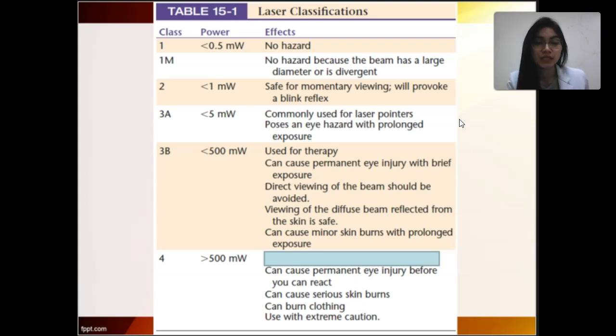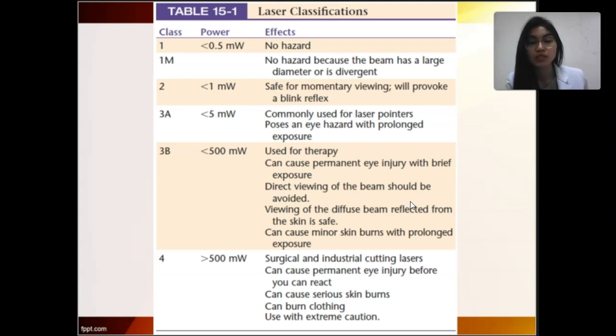of the laser. Okay? And lastly would be your class 4, with a power of greater than 500 milliwatts. Si class 4, this is the one that is used in your surgical and industrial cutting lasers.